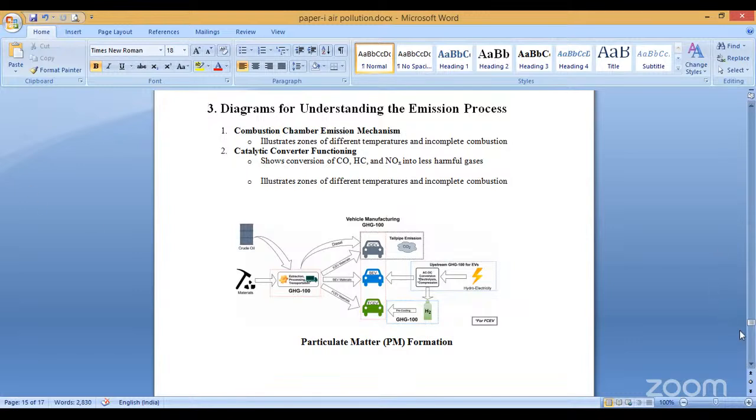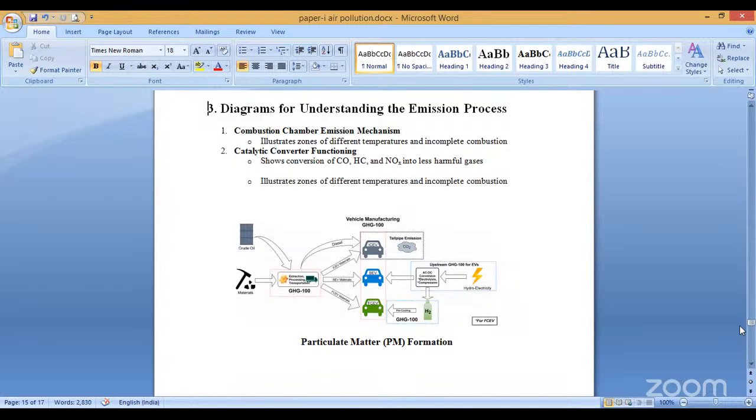The next one is the blue car. That is the safe, eco-friendly car. It gives only up to 50% of the emissions to our environment. And the third one is the complete e-vehicle, which means there are no greenhouse gases.